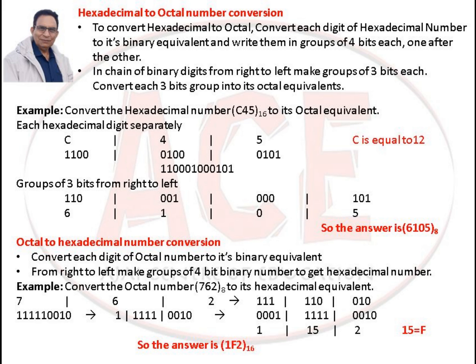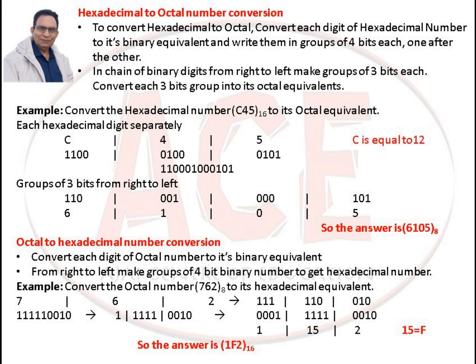Then we make groups of 3 bits each from right to left, and we get 101, which is equal to 5, 000 equal to 0, 001 is equal to 1, and 110 is equal to 6. If we put all these numbers together, we get the octal number 6105 base 8.